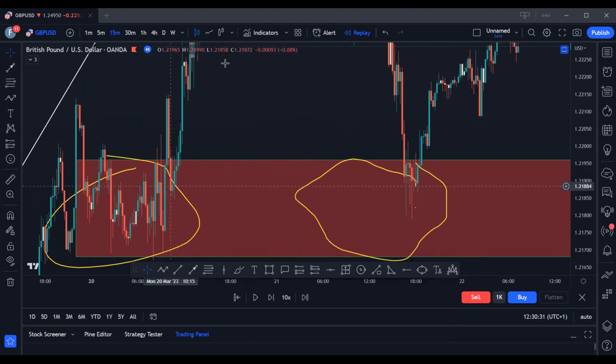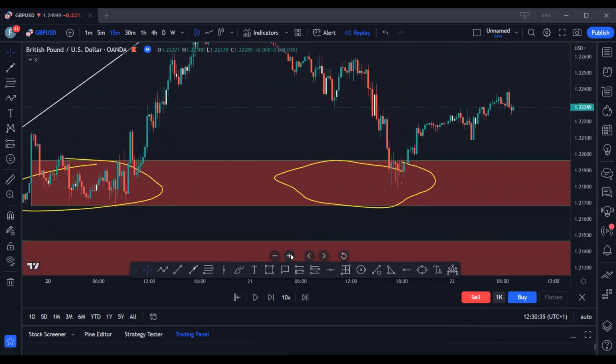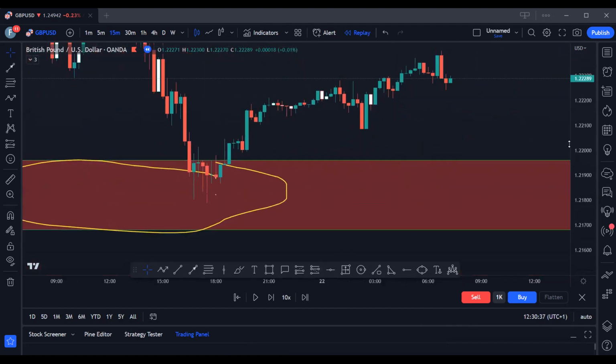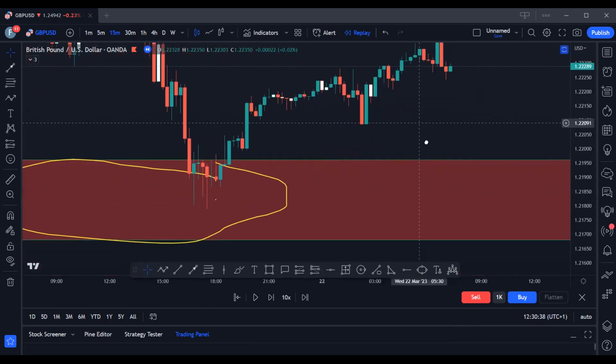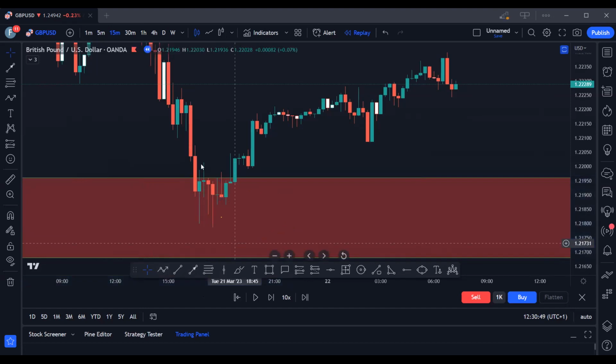We've already validated the zone. When price retraced on the 15 minutes, you can see this right here. When price came into the zone like so, you see the bounce off from that zone.